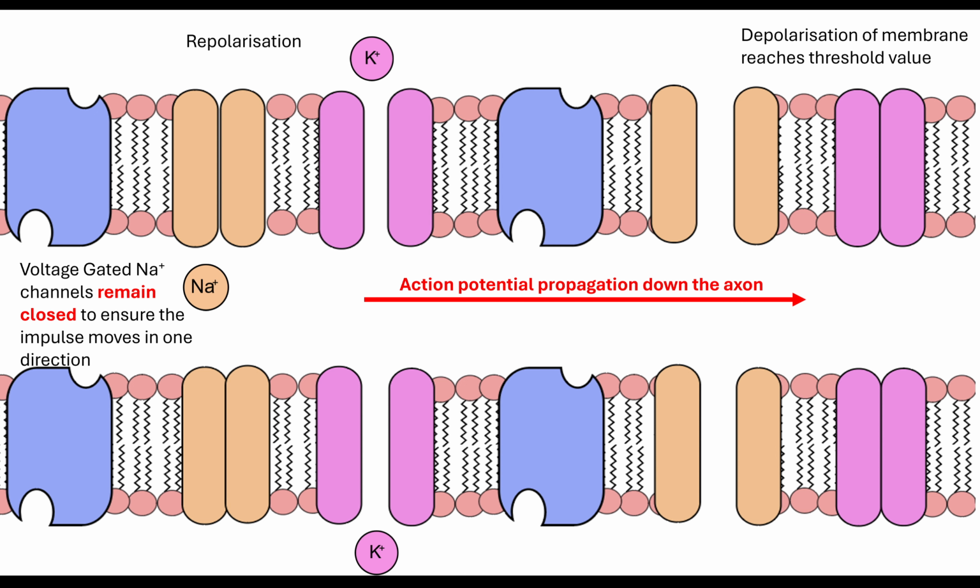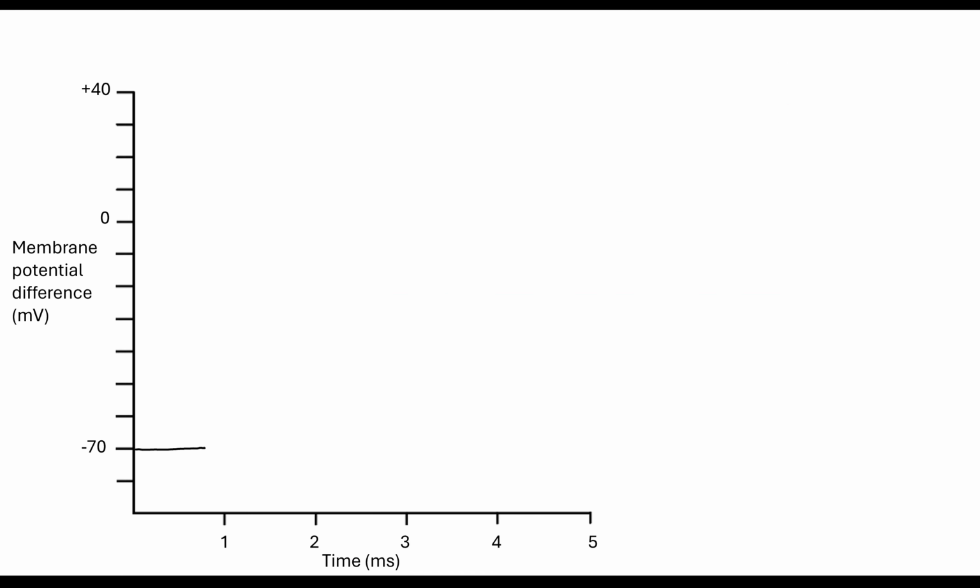By getting to that point where we overshoot the resting state and go past minus 70 millivolts, those voltage gated sodium channels remain closed, and therefore the action potential is propagated down the axon in one direction. Let's look at this all together.